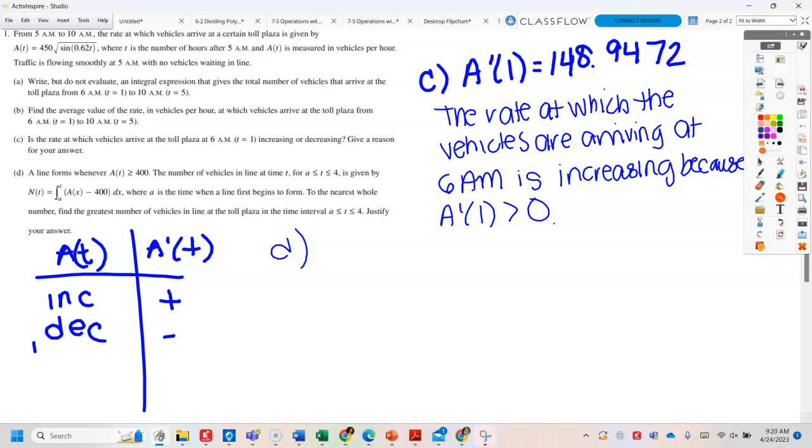The number of vehicles in line at time t from A to t to 4 is given by the following function, where A is the time when a line first begins to form, to the nearest whole number. Find the greatest number of values of the number of vehicles in the toll plaza from A to 4.